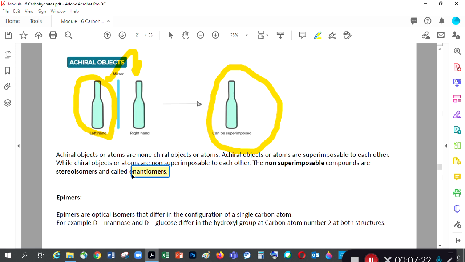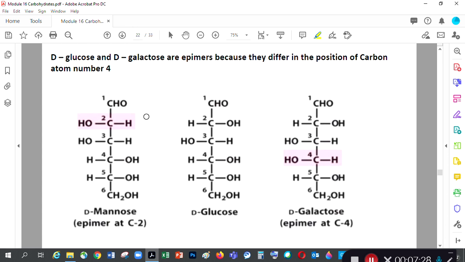So let's look at some examples of epimers. Look at this. This is carbon 2, correct? That's a carbonyl group, that's carbon 1. This is carbon 2, correct? And this is mannose. All of those have 6 carbons. The name is changing because of the carbon.